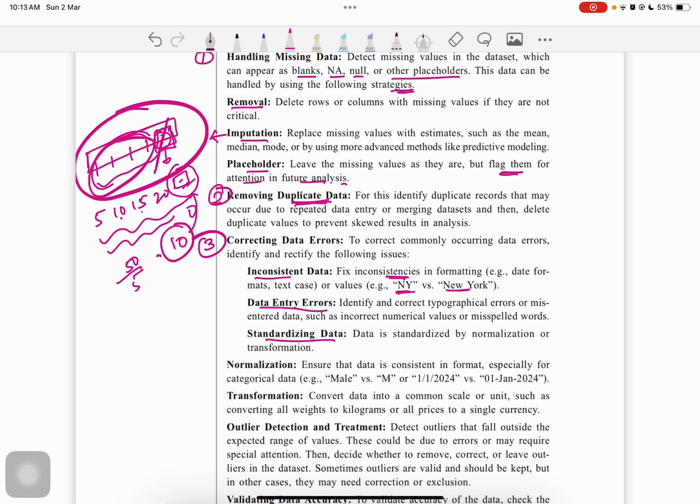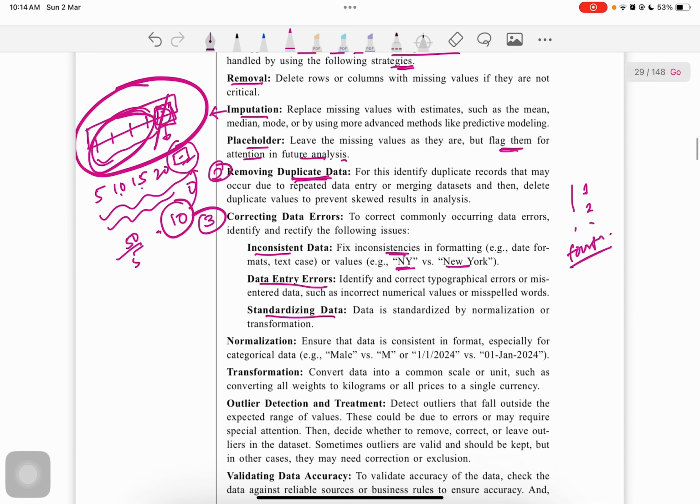Or we have asked them to write a rank, and many of them have written first, second, third, but some people have written the ranks in characters, for example fourth, so they have written like that. That is inconsistent data.